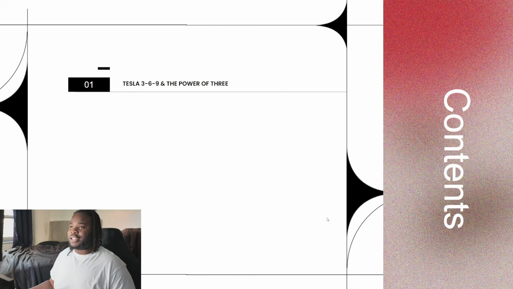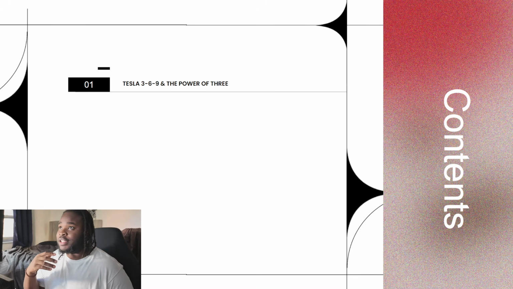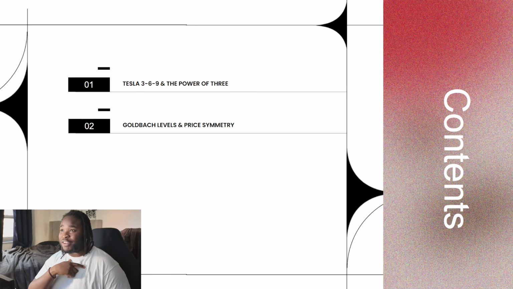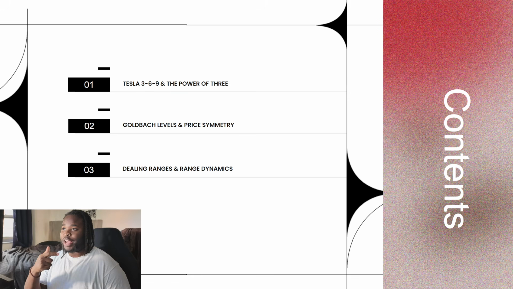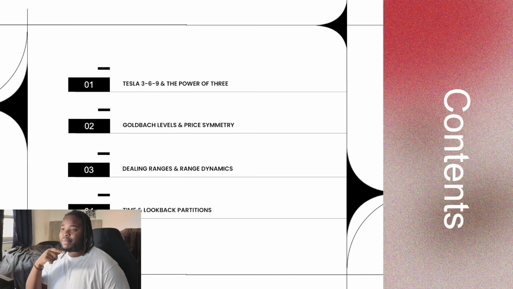So this is the content of this guide, right? The first topic we're going to be getting into is Tesla 369, the power of three. We're going to be getting into Goldbach levels, price symmetry, also dealing ranges and range dynamics, time and look back partitions.